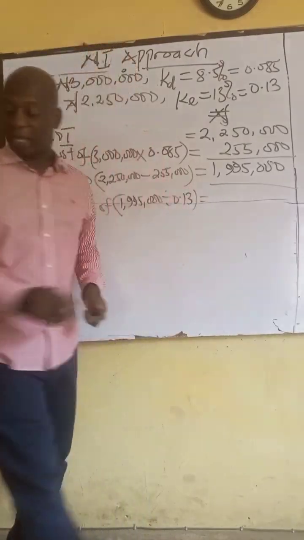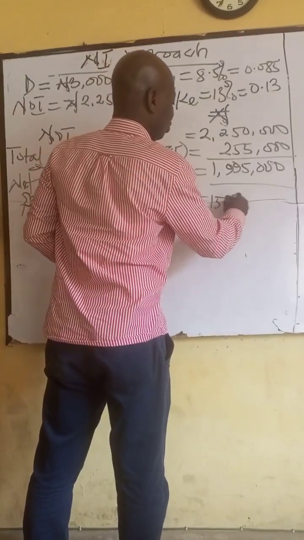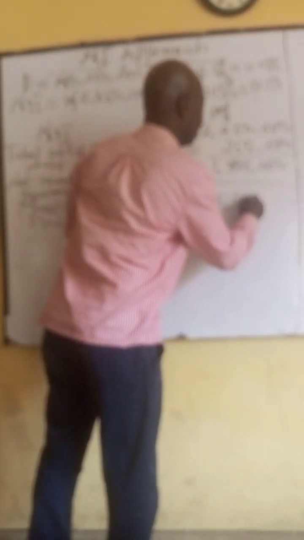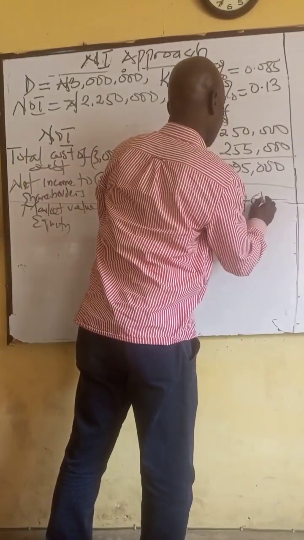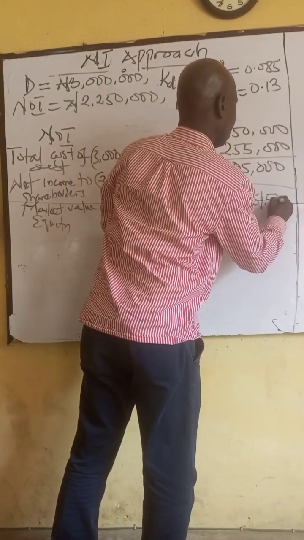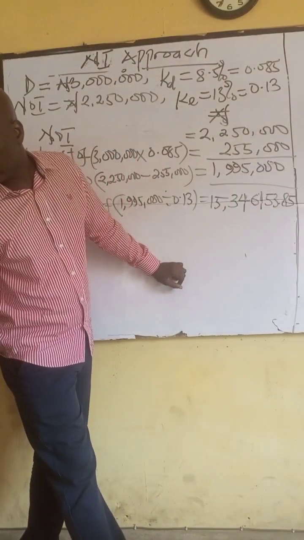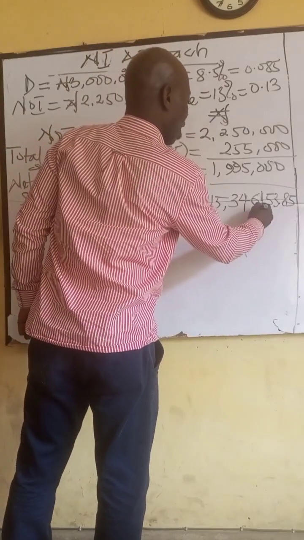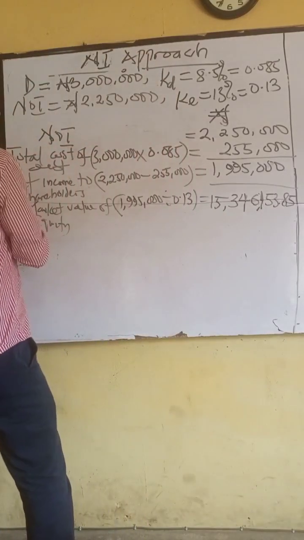When you divide, you are going to have 15,346,153.85 naira.